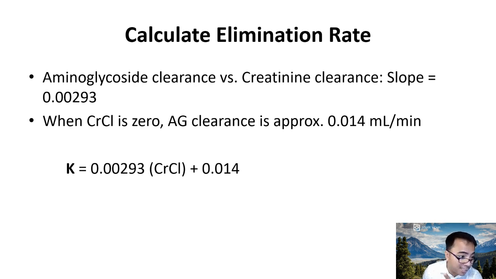We use the population estimate, the established linear correlation: K equals 0.00293 multiplied by creatinine clearance plus 0.014. That is the linear equation for the elimination rate constant of aminoglycoside. It is standard, so we are very dependent on creatinine clearance to determine the elimination rate.